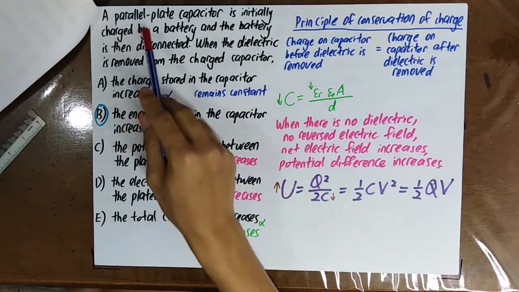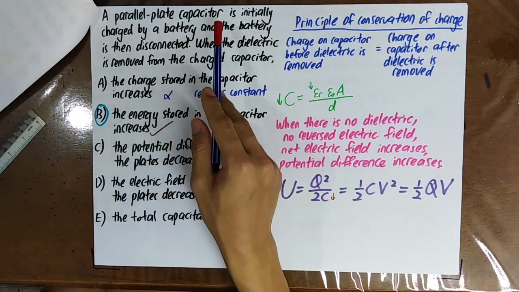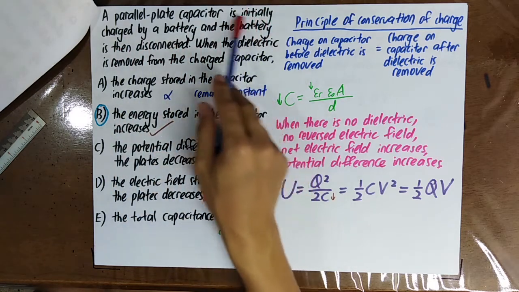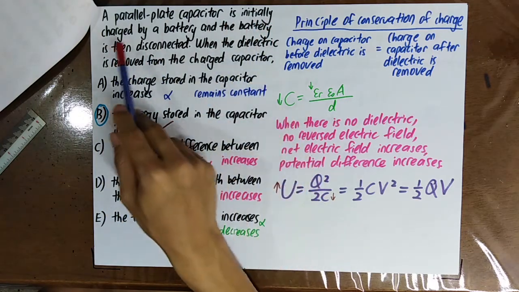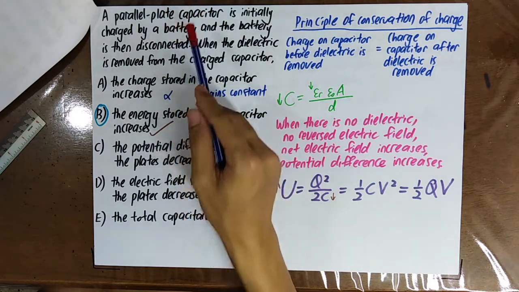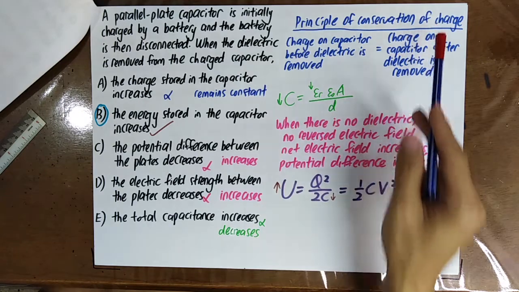A parallel plate capacitor is initially charged by a battery, and then the battery is disconnected. When you see the phrase that the battery is disconnected, you know that the capacitor is now an isolated capacitor, and that's why you can use the principle of conservation of charge.